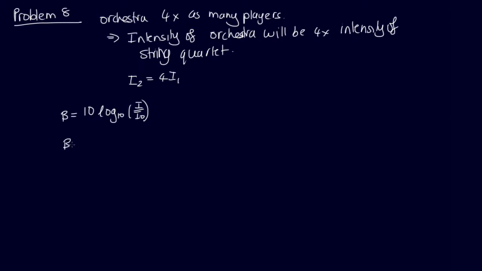So the sound level for the string quartet, we're giving them a subscript 1, is equal to 10 log to the base 10 of I1 over I0. Remember, I0 is the reference intensity, the lowest intensity that people can typically hear. And beta 2 is equal to 10 log to the base 10 of I2 on I0. And I2 is equal to 4 I1.